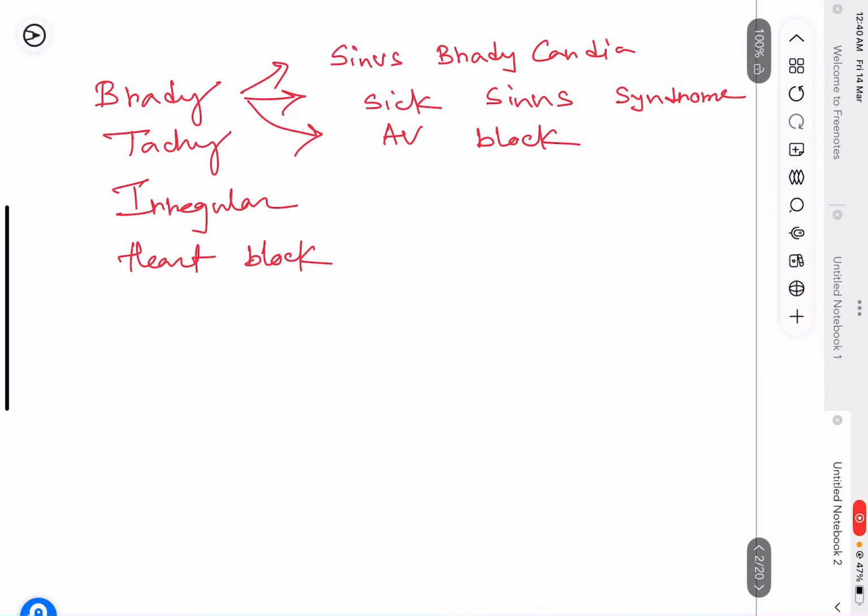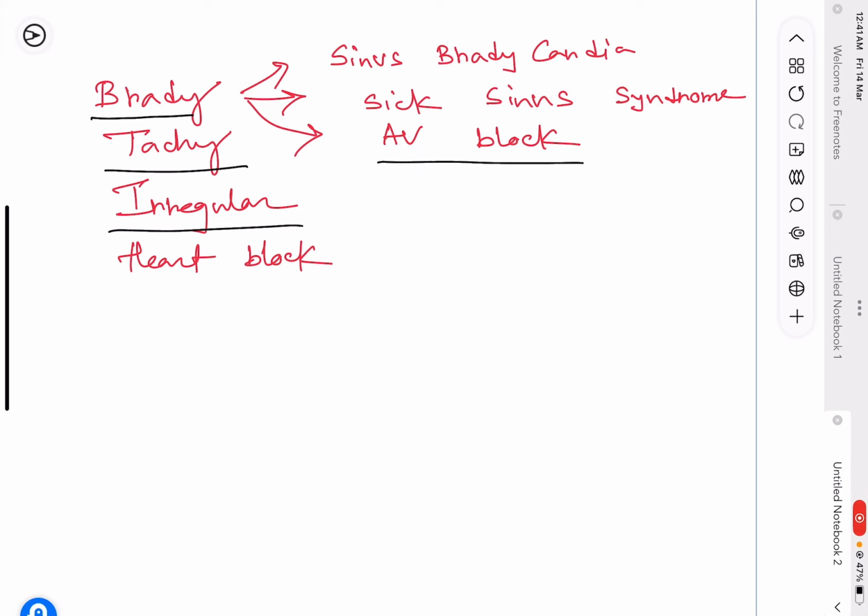So first of all, the classification of the arrhythmias. We have bradyarrhythmia, then tachyarrhythmia, then irregular heart rate. Very simple: brady, tachy, and irregular. And then lastly, heart block. This heart block is different from the AV block. Within the bradyarrhythmias, we have sinus bradycardia, sick sinus syndrome, and AV block.